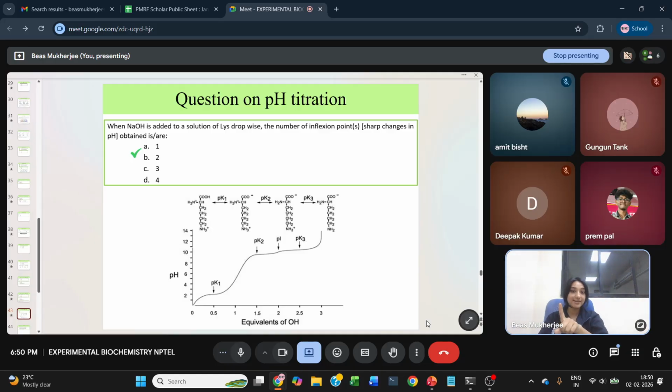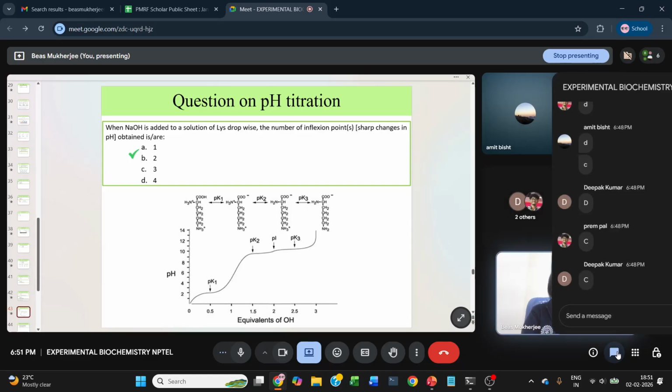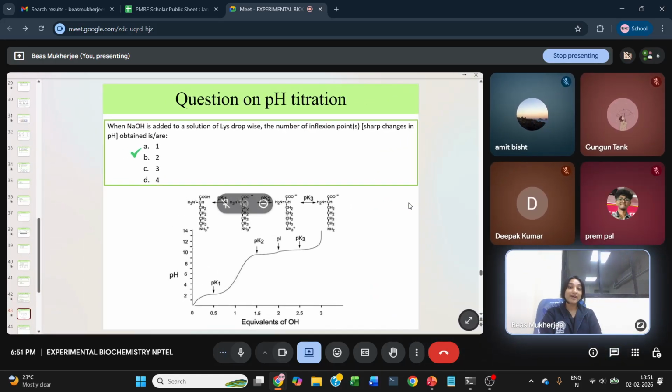This is once again which amino acid? We talked about this. You guys know. Which amino acid is this? See, there are 5 carbons. So this is lysine once again.